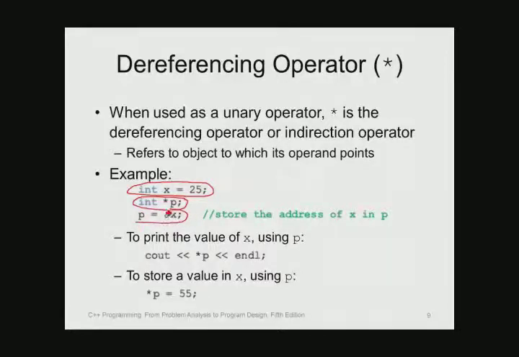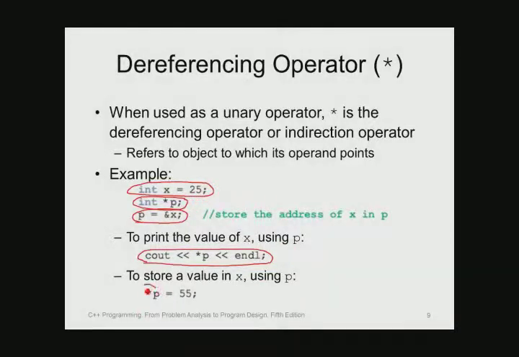So by stating this last statement here, we're basically saying that pointer P now points to the address of variable x. Okay, so if we actually do this in our code where we see cout asterisk P, what will actually show on the screen is the number 25.